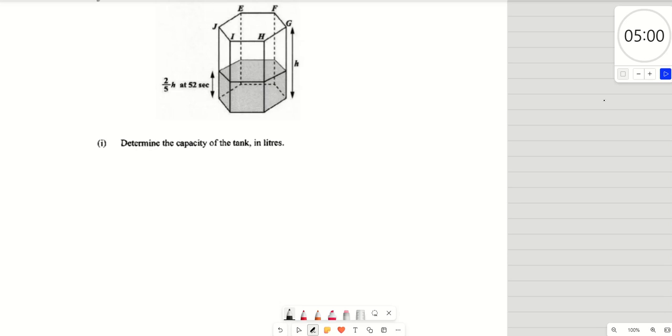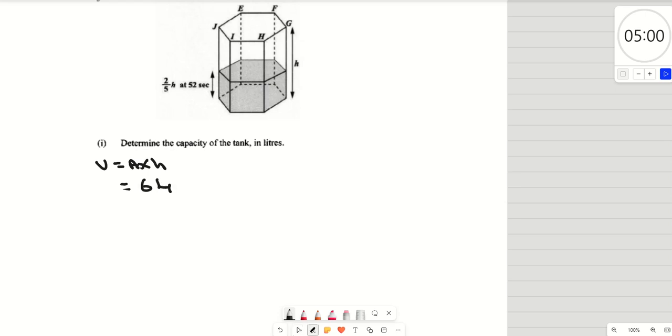Now we know that capacity also means volume, which equals the area of your flat base by your height. What is the area of your flat base? We already found it out, and we won't approximate it.